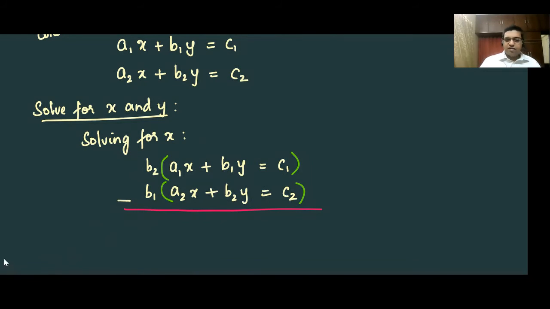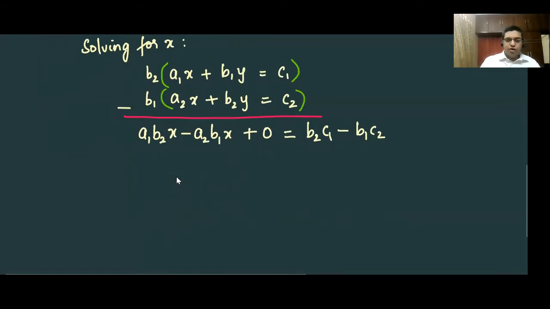Then we can subtract. So then what do we get? We get a1 b2 x minus a2 b1 x plus 0. The y term gets eliminated. On the right hand side, we get b2 c1 minus b1 c2.